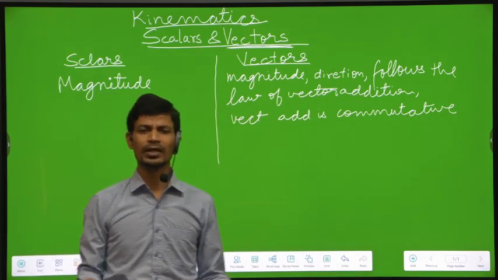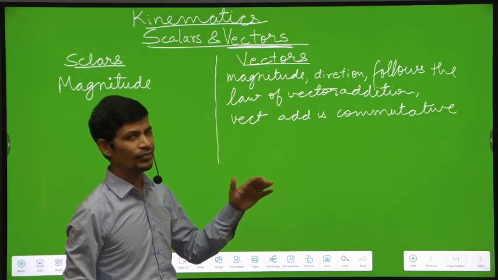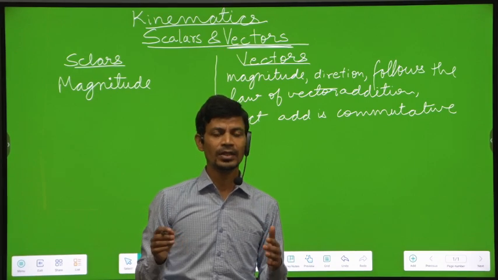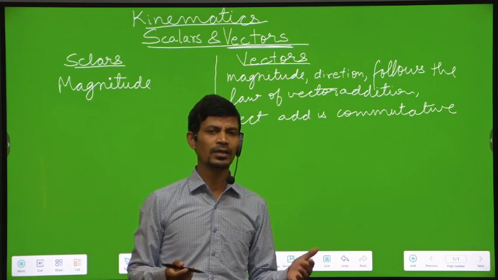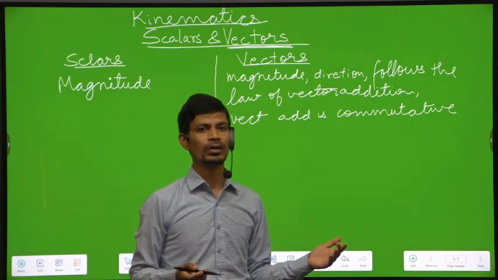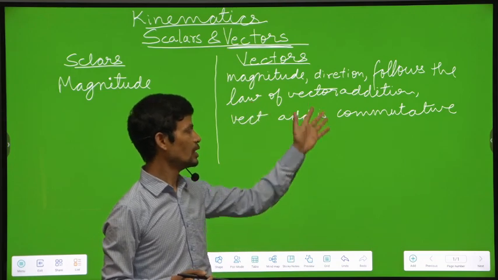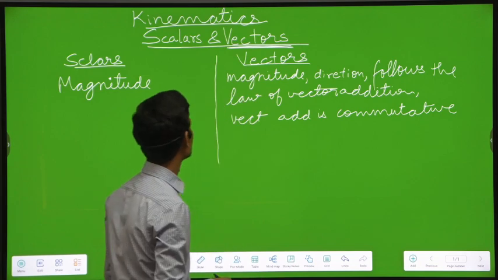Actually vector addition is commutative, but if there is a physical quantity whose vector addition is not commutative, then it won't be called a vector quantity, though it is fulfilling all other conditions.